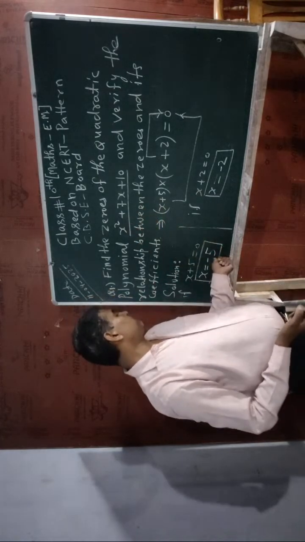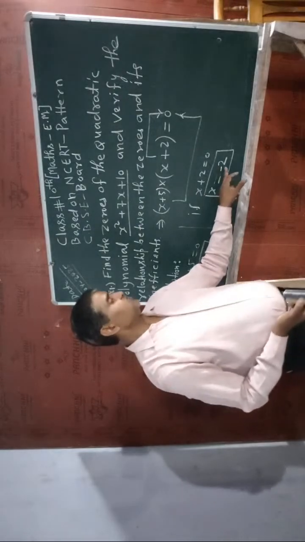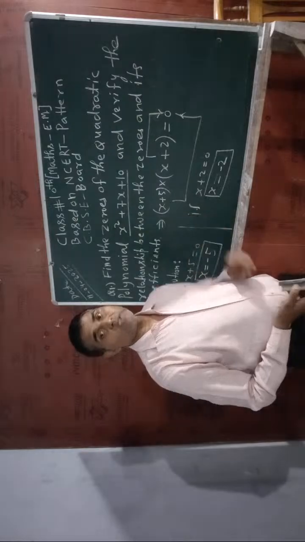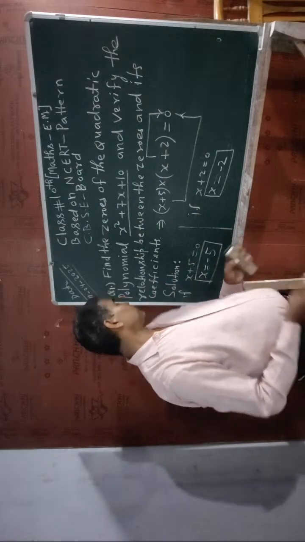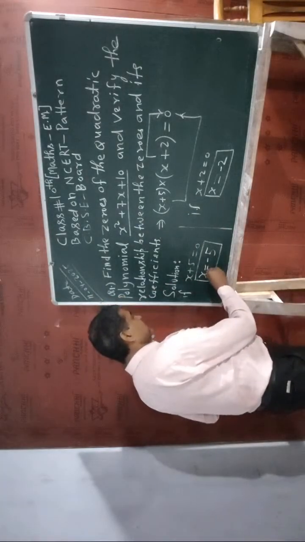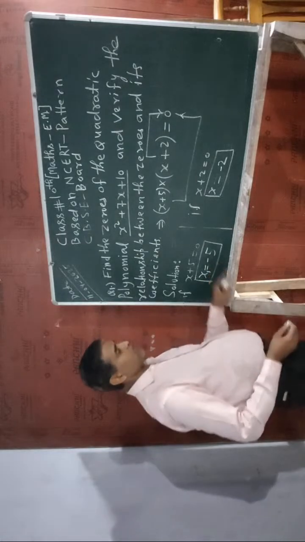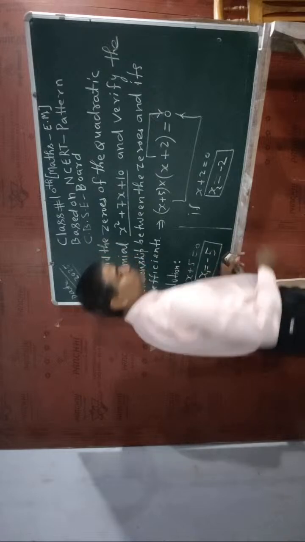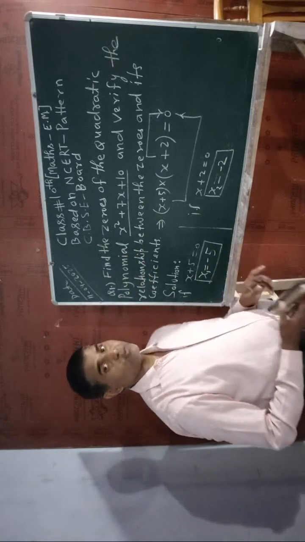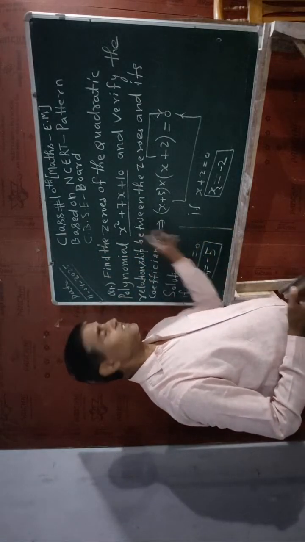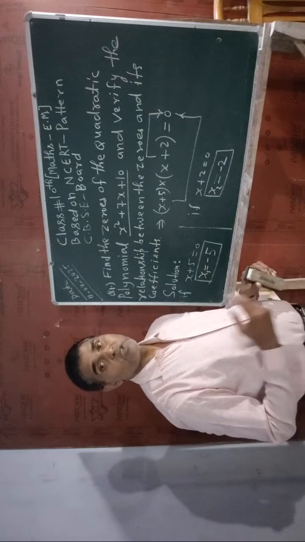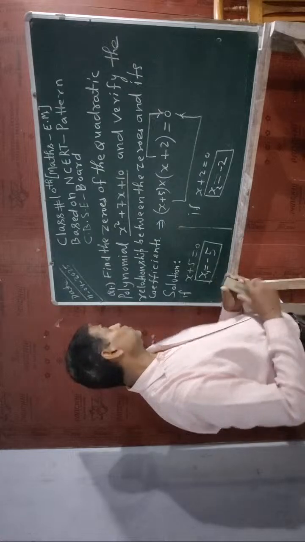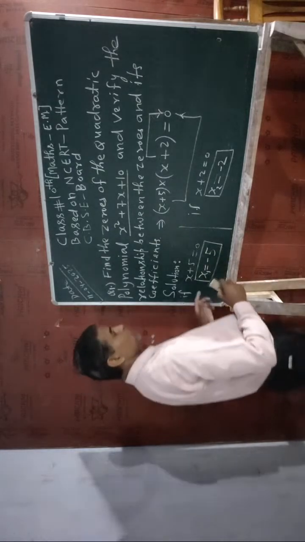One zero is minus 5 and another zero is minus 2. It means that this quadratic equation has two different roots. One root I will say x1 is equal to minus 5 and x2 is equal to minus 2. Okay, student. In other words, we can say that this quadratic polynomial has two zeros.